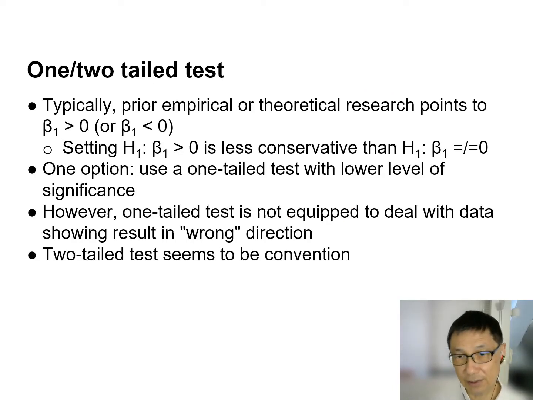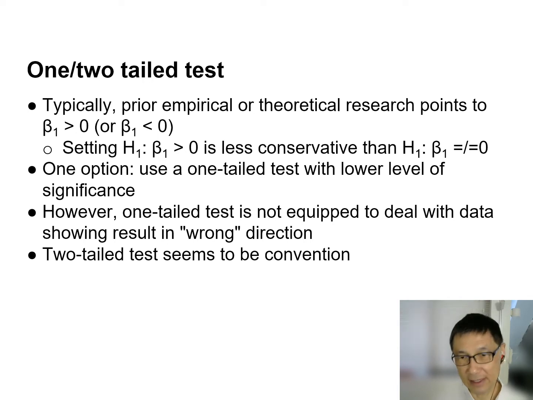In choosing between the one-tail test and the two-tail test, consider that typically the prior research, whether it's empirical or theoretical, will point to some hypothesis, the direction of that coefficient beta 1. It might be positive or it might be negative. So it might seem logical to carry out a one-tail test.